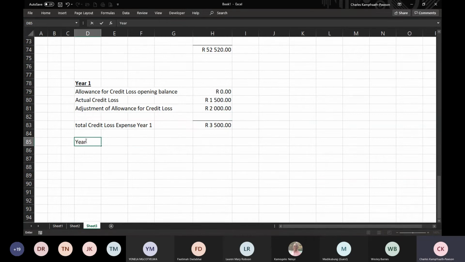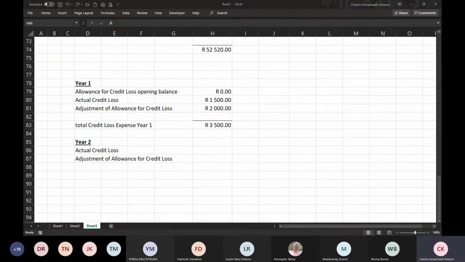In year 2, we again had an actual credit loss. Say for instance, I'm just giving hypothetical examples, okay? It's not in the question somewhere.